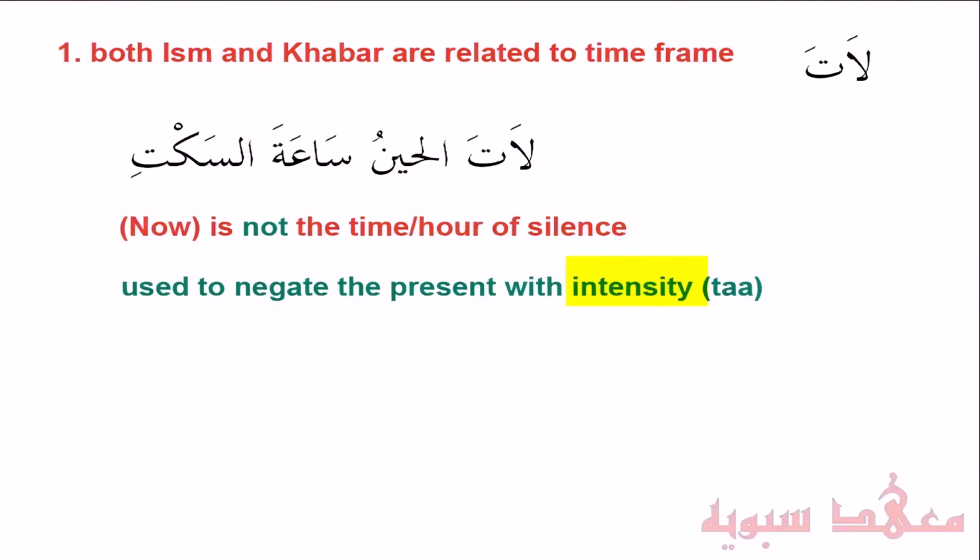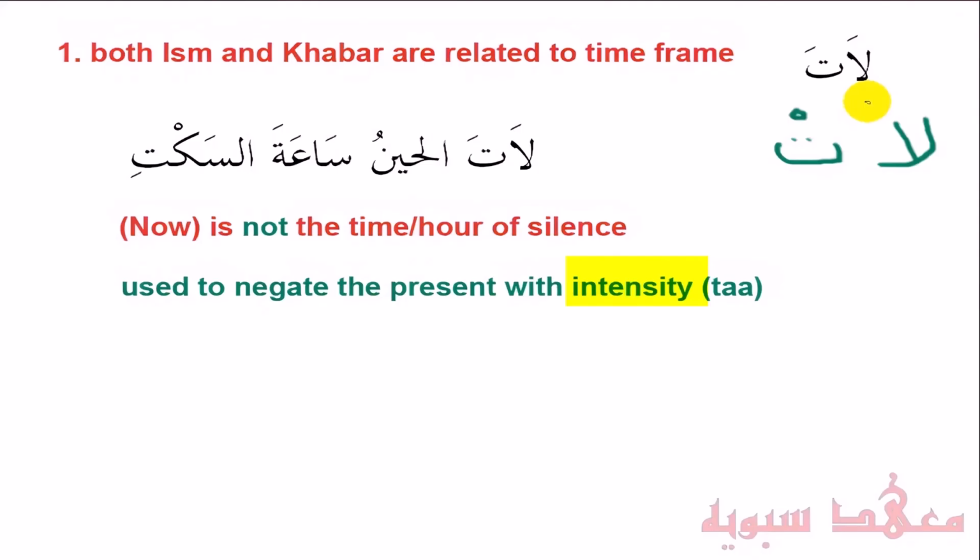What scholars say about this is that Laata is la, the normal la of negation, with a ta'u ta'nith. Now, in studies of balagha, you realize that the ta'u ta'nith, the singular ta', the feminine singular, denotes intensity, hyperbole, mubalagha. Whether it's the ta' marbota, which is for isms, and the ta'u ta'nith, a sakina.